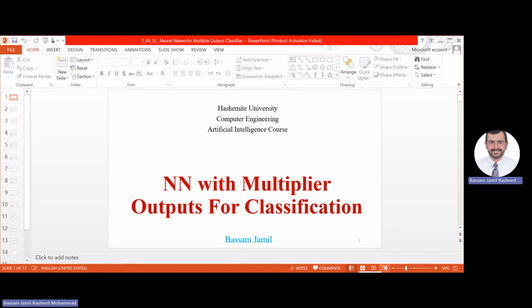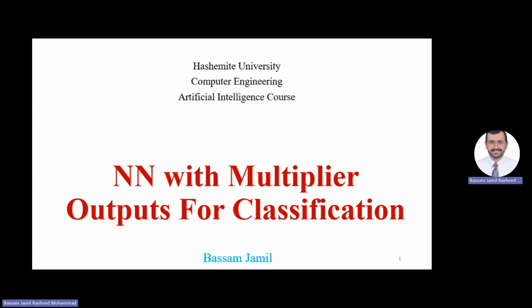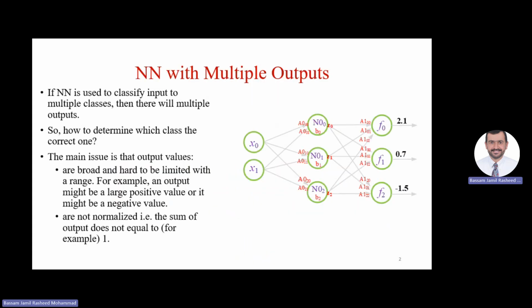Okay, so what we will discuss today is neural networks with multiple outputs. What we mean by multiple outputs is, last time we looked at neural networks of only one output. Only one output here.